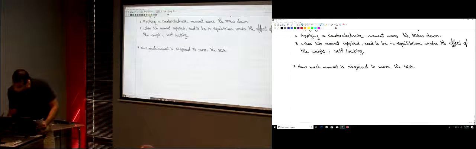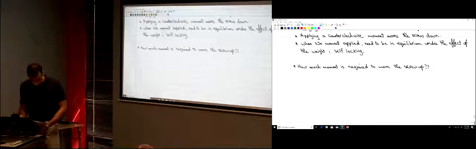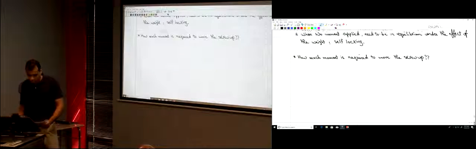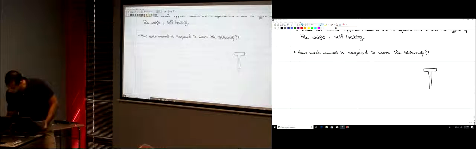So now we have upward impending motion. We have the screw here. Let's draw a 2D version of it. We want to move it up along this other part here.